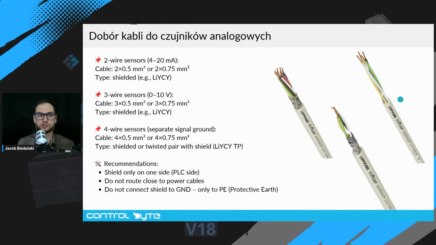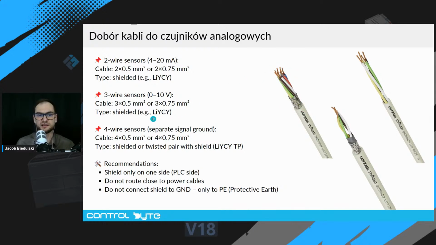This is a special cable dedicated for analog signals with no high frequencies. We usually use cables with cross sections 0.5 to 0.75 square millimeters. The best option is to use shielded cables. This is the one on the left.